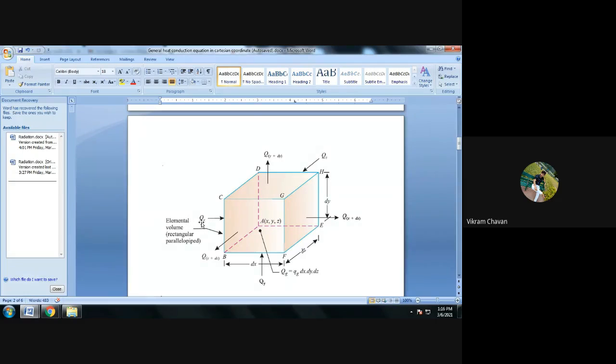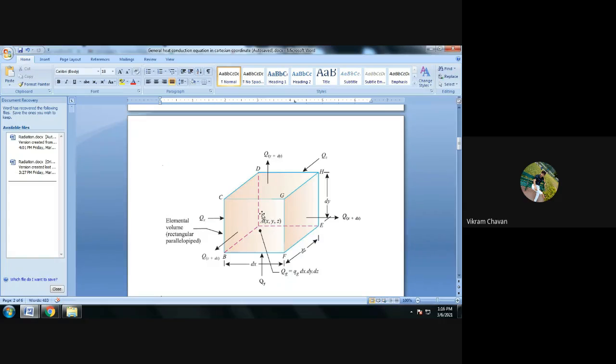Whereas in the positive y direction, moving from the bottom side to the top side, that is the positive y direction, qy amount of heat is entering inside the element.